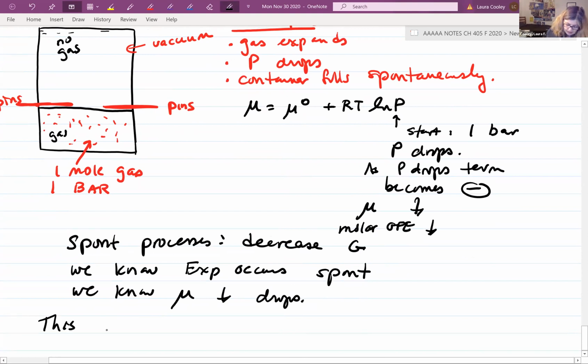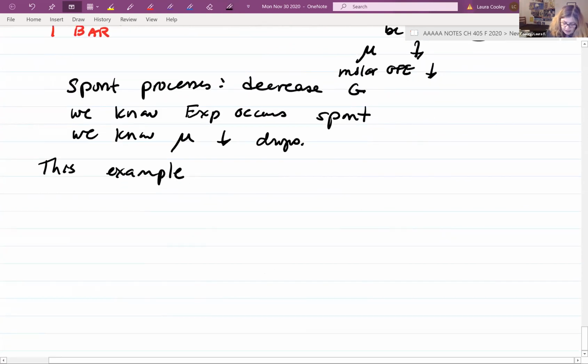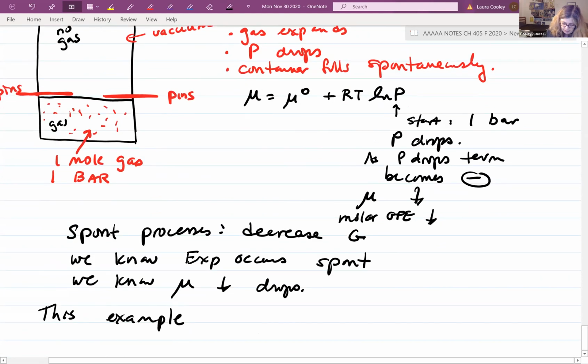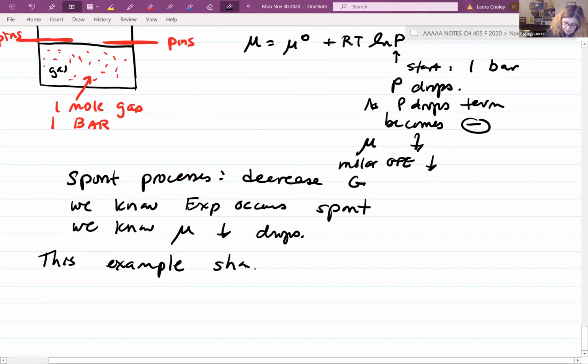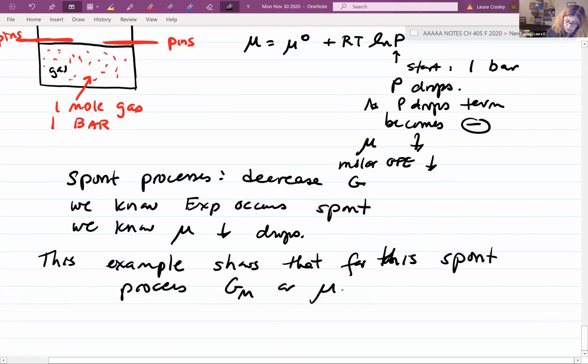I'm not expecting a lot of this example. I'm just expecting it to show that for this spontaneous process, GM or mu decreases.